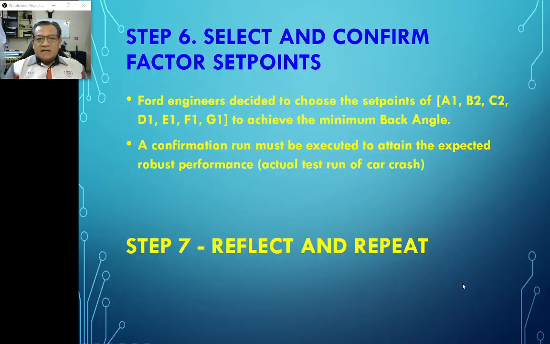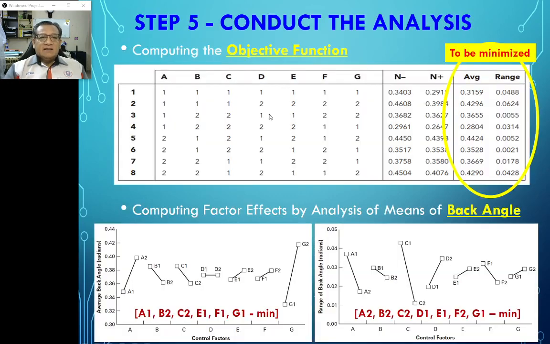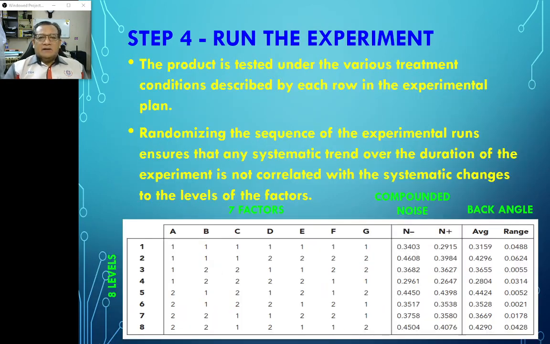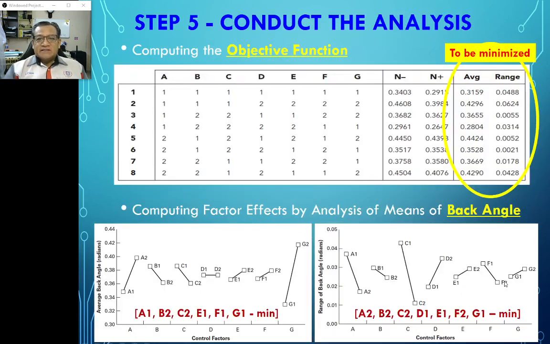Okay, by that you will achieve step 6, which is select and confirm the factor set point, because all the set points have been set. 7 factors you want to measure. There are 8 levels of setting or set point that you want to make. You want to record or measure the noise, and this is the performance metric that we have to measure to decide the best set point.